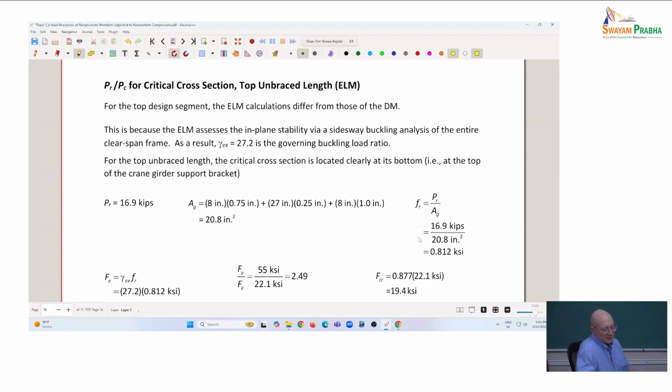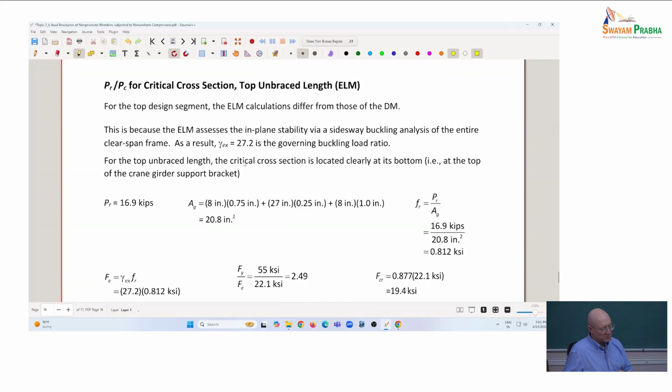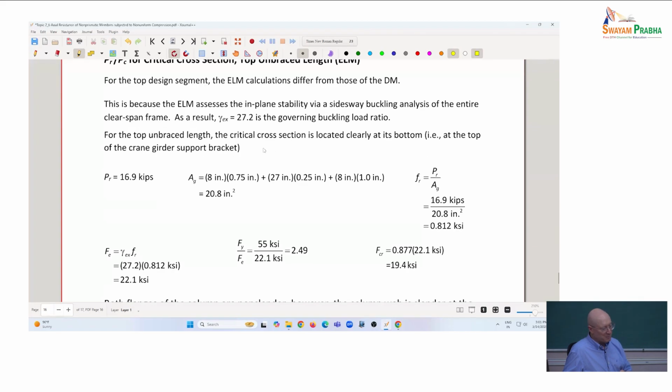But here for the top segment, with the effective length method, it's the in-plane side sway buckling eigenvalue, gamma EX of 27.2, that governs. And so we've got to do another calculation that's considering how everything's working with that side sway buckling mode.